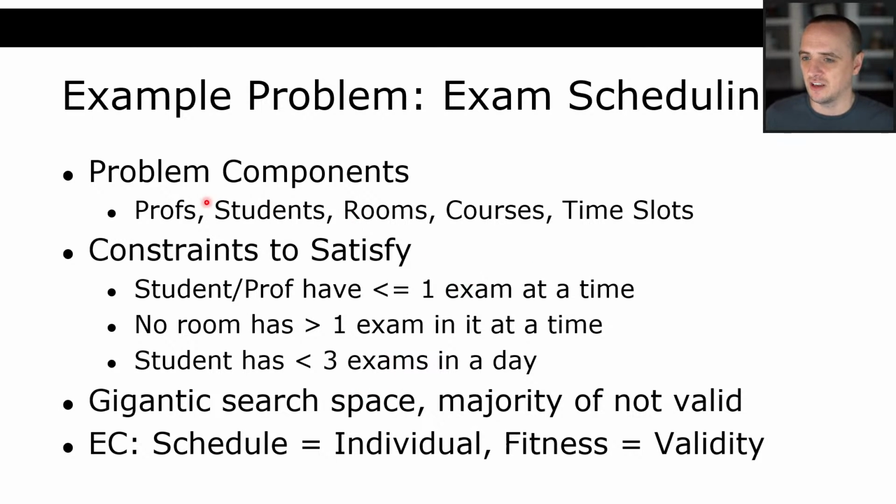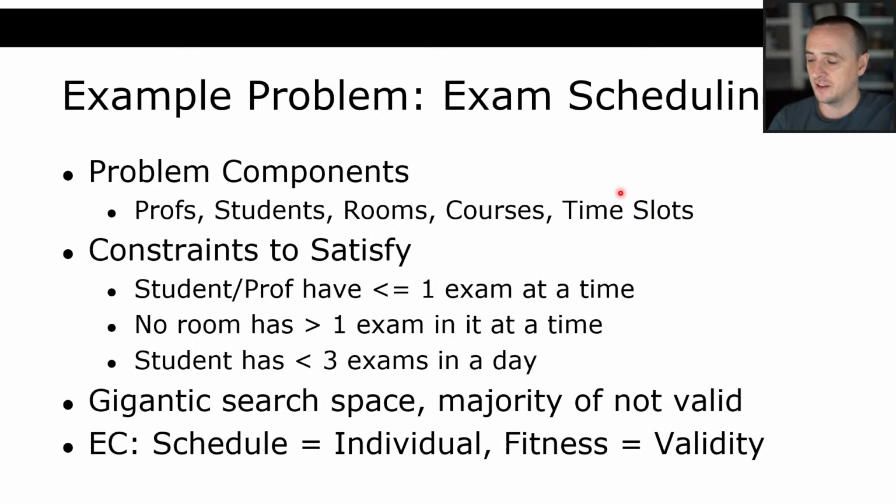It's a gigantic search space. If we multiply the number of profs by the number of students, by the number of rooms, by the number of courses, we've got a number that's so big we couldn't possibly search that entire space. Okay? But watch this. These constraints could be our environment.